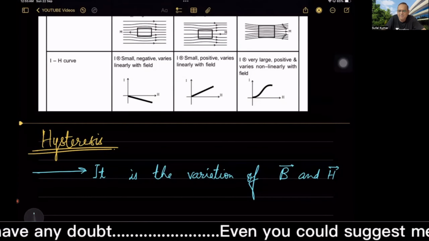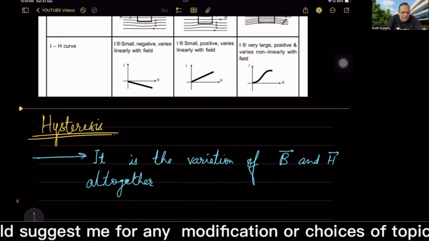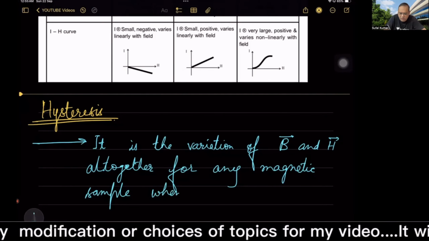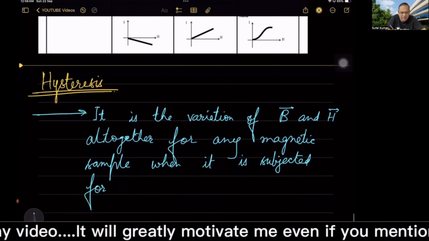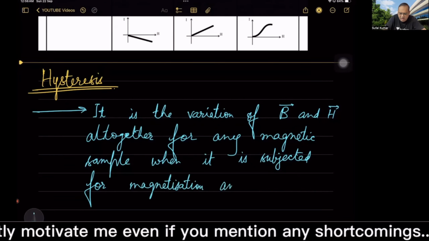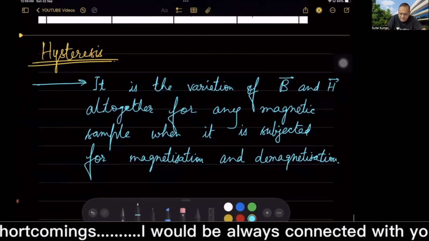H means magnetic intensity. All together for any magnetic sample when it is subjected to magnetization and demagnetization.